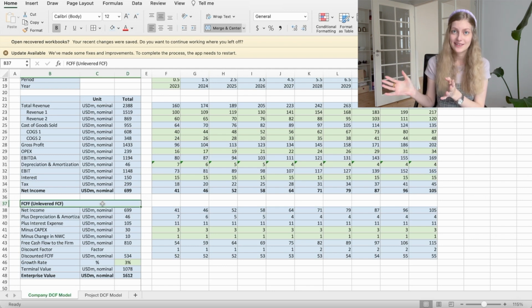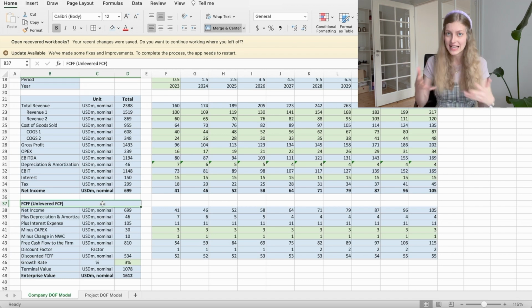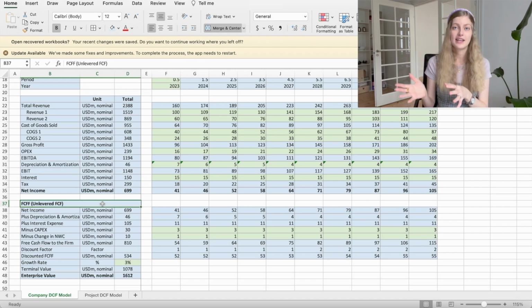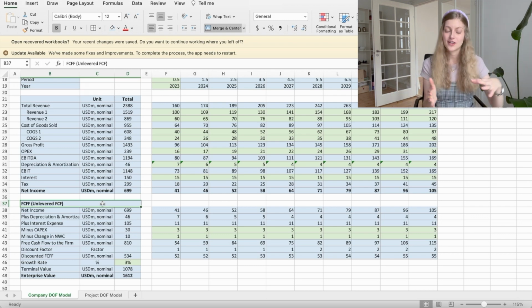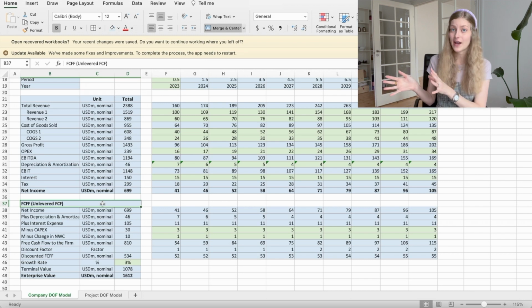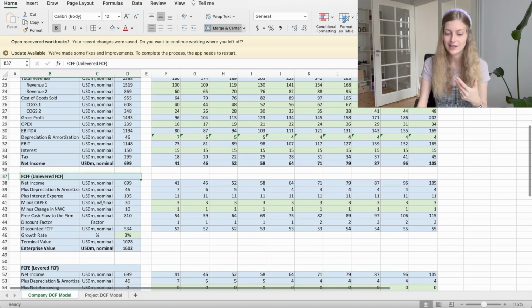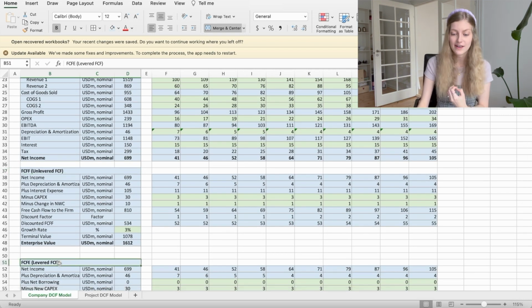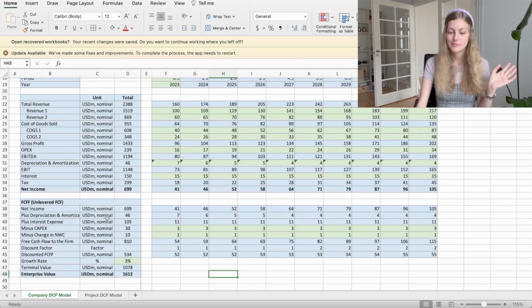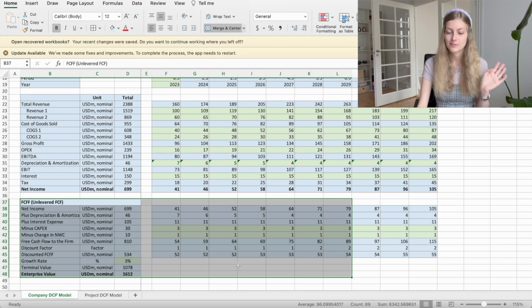Calculating this will help us get to the enterprise value, that is the valuation of the entire company, everything included. And if you then want the value of the equity, and so the stocks, for example, you can then subtract out the debt and the cash and then get to the equity valuation that way. Or you can also calculate directly the free cash flow to equity investors down here. We're going to get to that section very soon. But let's start with this one because I think this is a pretty good one to know.